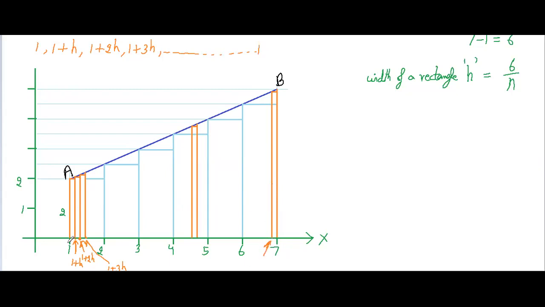Actually, we are taking 1 as the left part of the first rectangle, 1 plus h as the left part of the second rectangle, 1 plus 2h as the left part of the third rectangle, and so on. So the nth term means the left point of the last, that is the nth rectangle. So the nth term is 1 plus (n minus 1)h. I think you remember this concept of AP. Sir, yes.